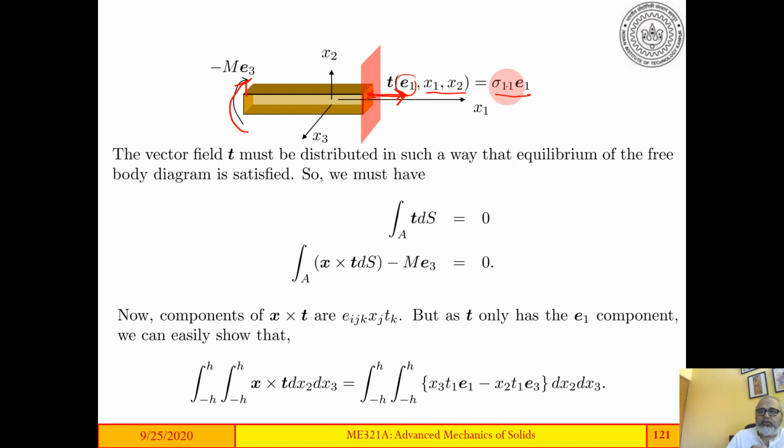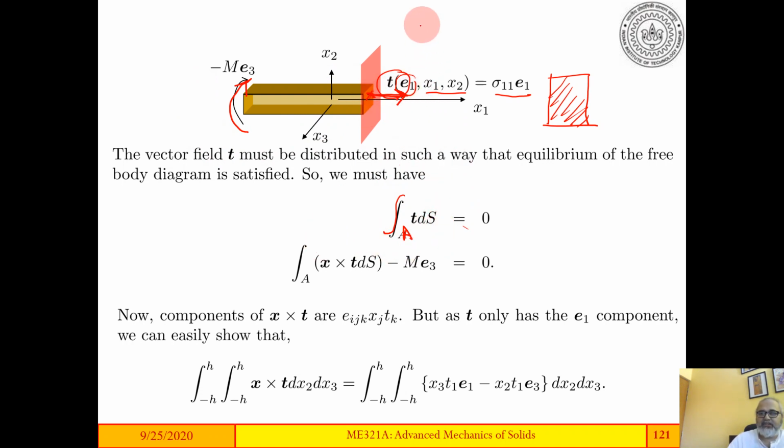So now, how do we go about finding T? T should be such that if I take T ds and integrate it over this whole area of the cross section, which is a square in our case, we should get 0, because there's no force applied. So the force balance gives the total force equal to 0.